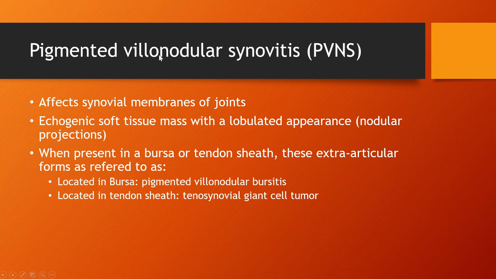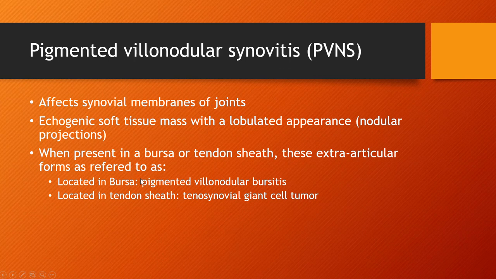I'll just mention PVNS, but it's outside the scope of this talk to go into the appearances. It is something that affects the synovial membranes of joints, so every time you see an effusion, have a good look at what the internal echo pattern of that effusion is. If we're seeing sort of nodular projections and a lobulated appearance, it can be part of this condition here, which more commonly sort of affects the knee, but it can occur in the foot, and it's an extra-articular condition.